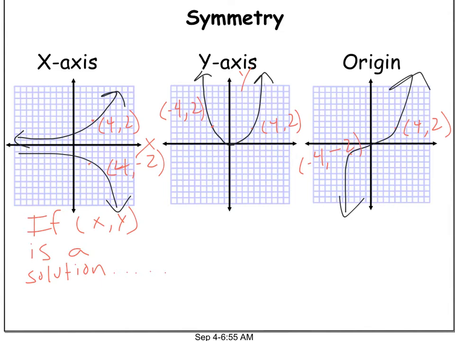If I'm talking about symmetry over the x-axis, so is x, negative y. Again, that's for symmetry over the x-axis. Okay? For any point that you have that's a solution, if you just switch the y-coordinate, switch its sign, and you're still on that graph, you're talking about a scenario where you have symmetry over the x-axis. But remember, that has to be true for every single point on the graph.